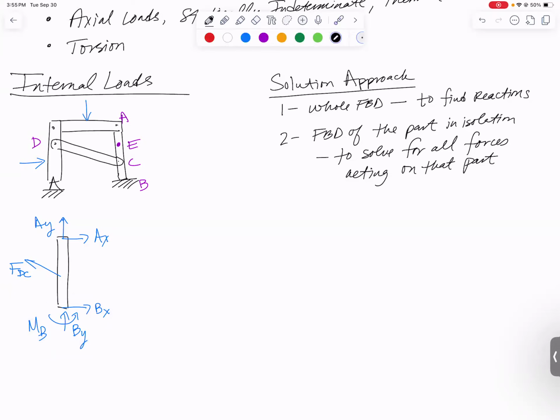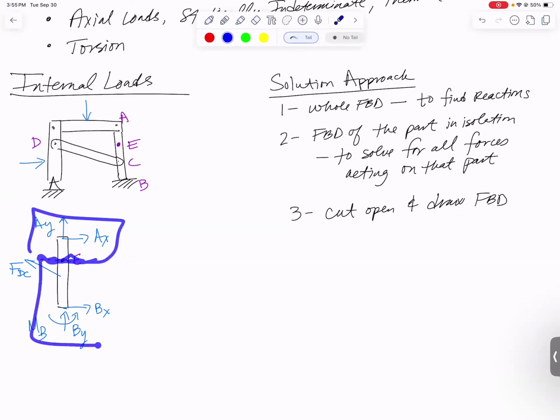And now finally, your last step is going to be to cut it open and draw that free body diagram. So that part we're talking about going in now to this at point E and cutting right across through E and drawing a little free body diagram there. You're going to take either everything above point E or everything below point E and keep it on your free body diagram.